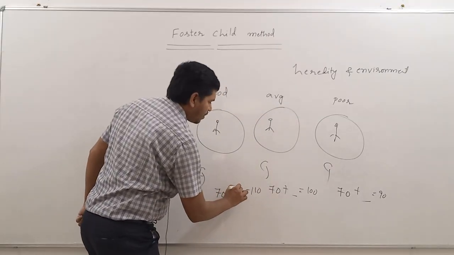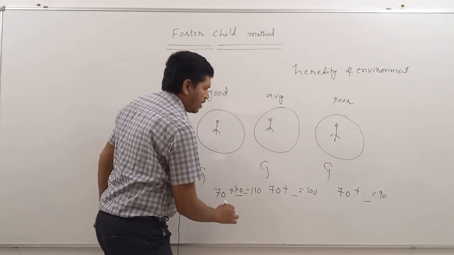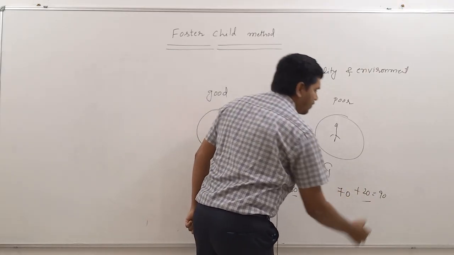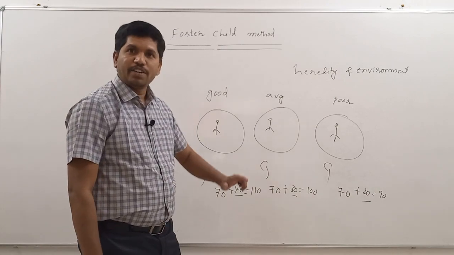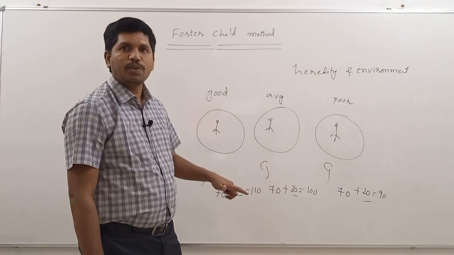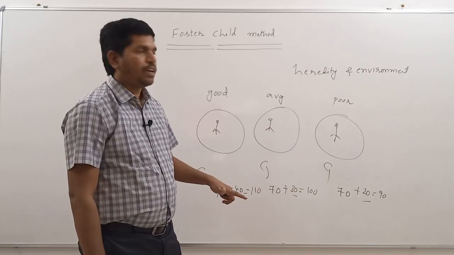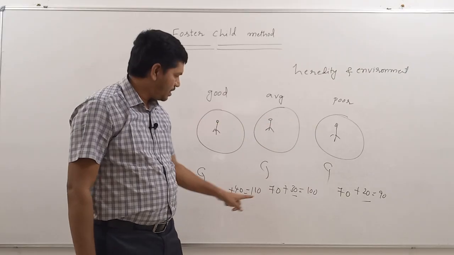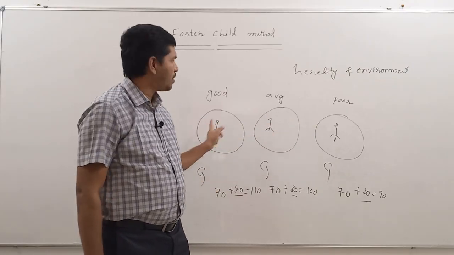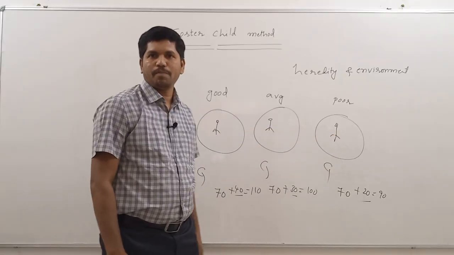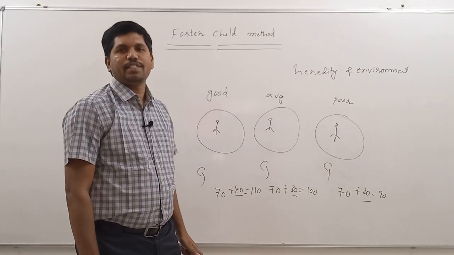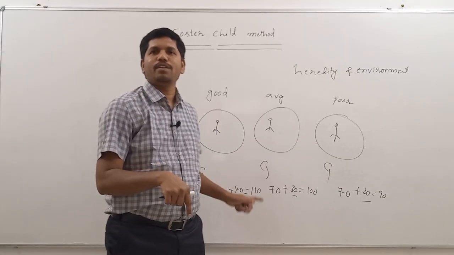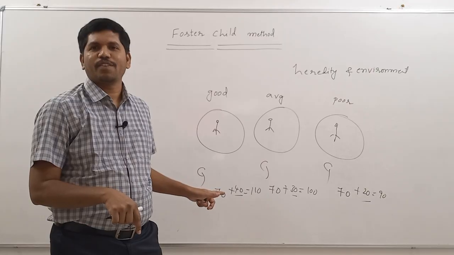Here it must be 40, here it must be 30, here it must be 20. That's why if you develop variation in the IQ levels in the children reared in these 3 homes, that variation must be because of environment, because all the children are placed in 3 different environments.